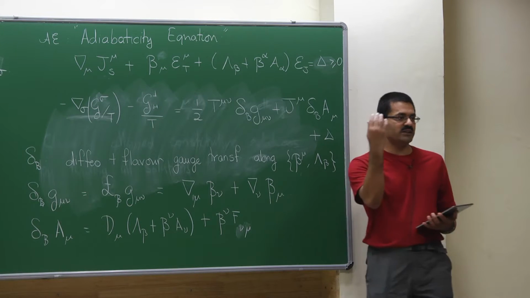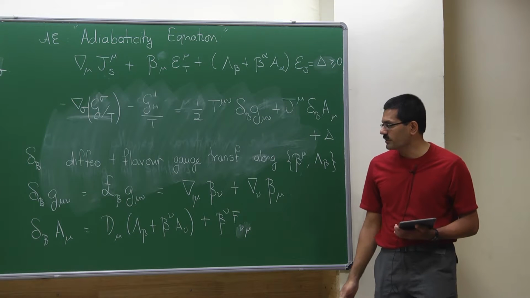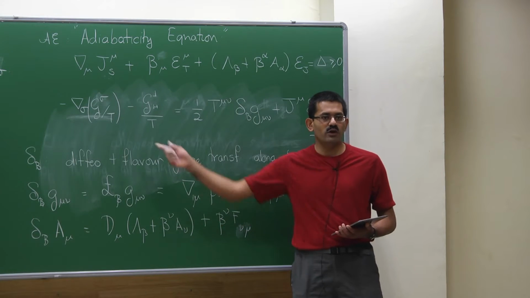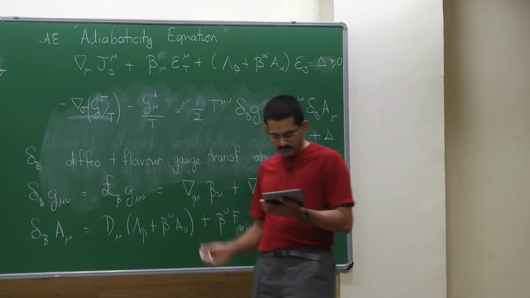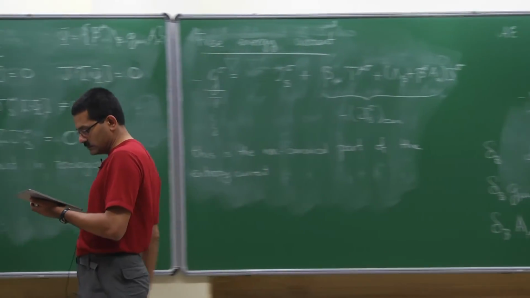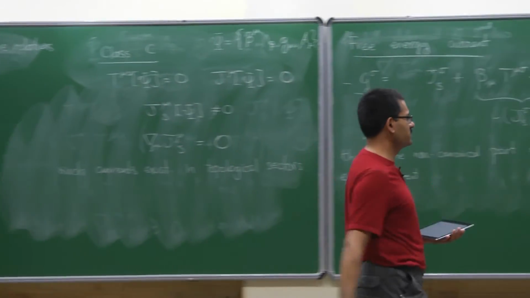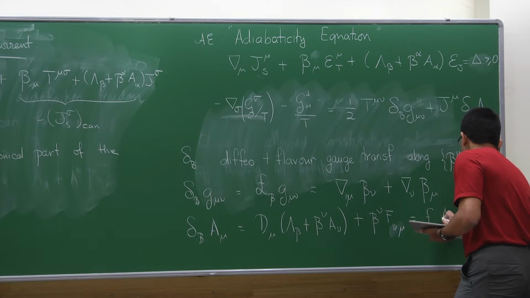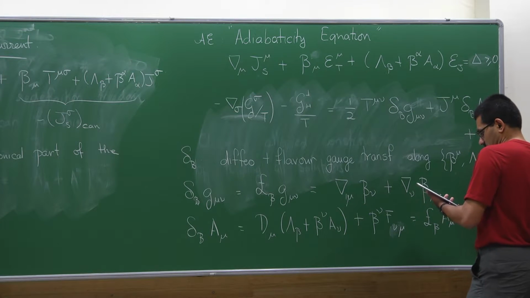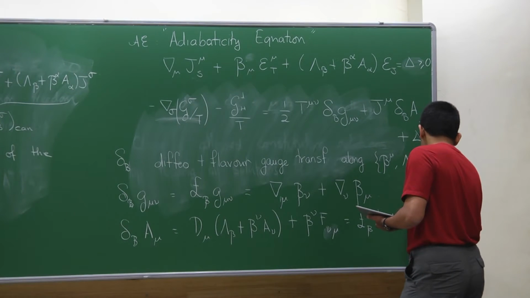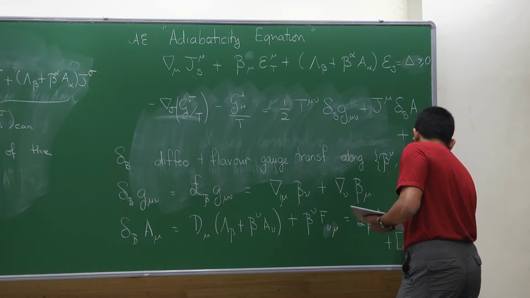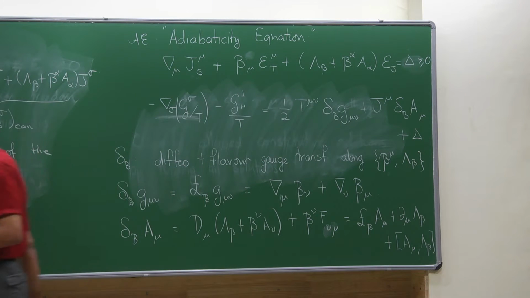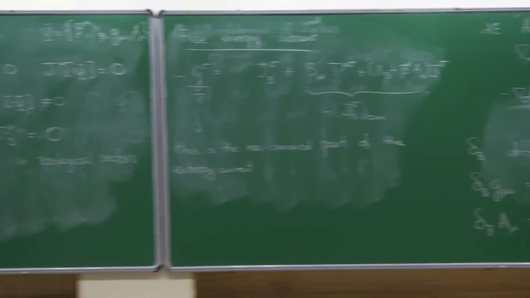Okay. Because it's a vector, it also transforms non-trivially under diffeo. So basically it's like the usual gauge transformation plus Lie drag of A mu along beta, which I've simplified here. Okay, so if you really want, this is really L beta of A mu plus commutator terms. Gradient of lambda beta. Okay.